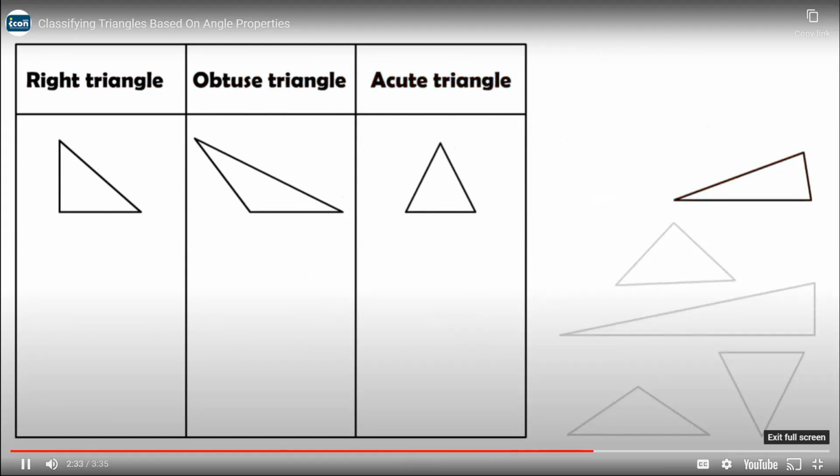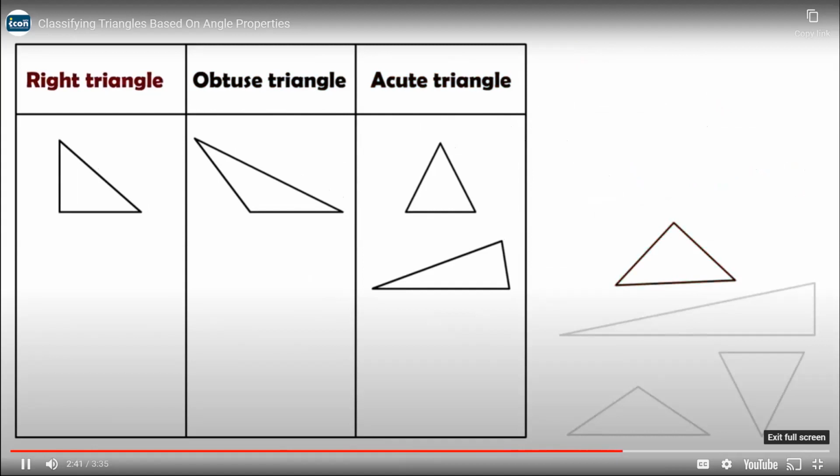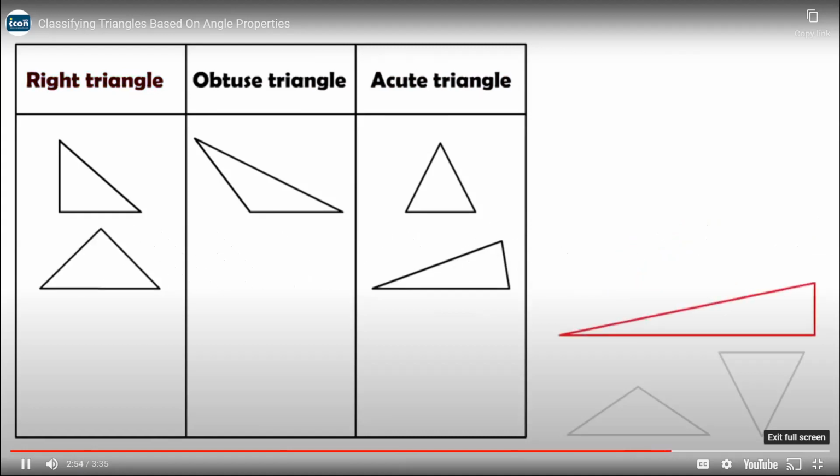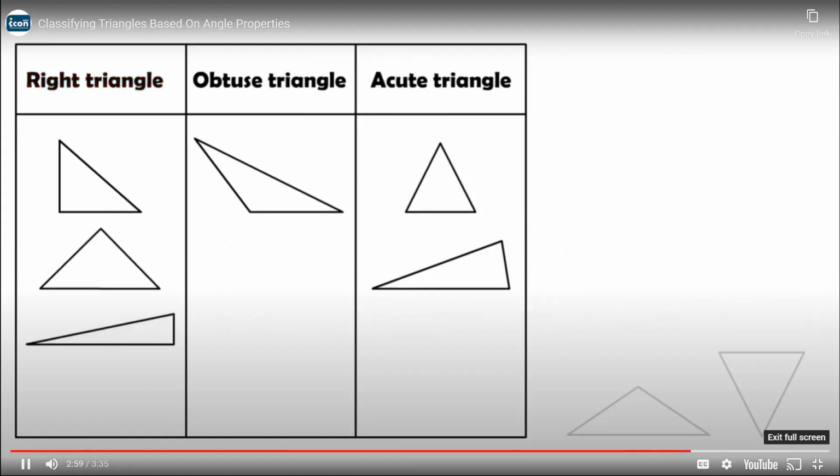This one is also an acute triangle. This might be hard to see, but it is a right triangle. We can use our right angle model to double check that this angle is indeed a right angle. This one is a right triangle as well, while this one is an obtuse triangle. Finally, this one is an acute triangle.